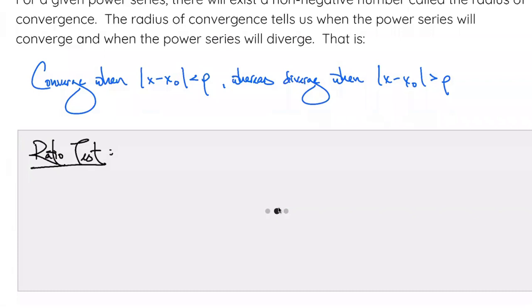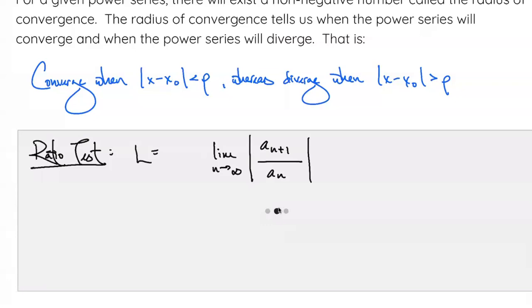In particular, we're going to take a limit as n approaches infinity of the ratio of two terms, like a sub n plus 1 over the term before it, a sub n.